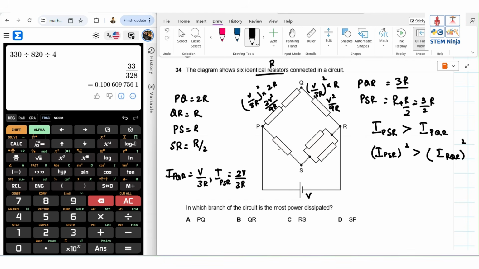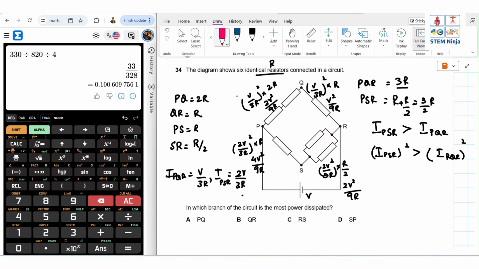This one, we have 2V over 3R whole squared times R. So this becomes 4V squared over 9R. This, on the other hand, becomes 2V over 3R whole squared times R over 2. So this becomes 4V squared divided by 2. So that's 2V squared over 9R.